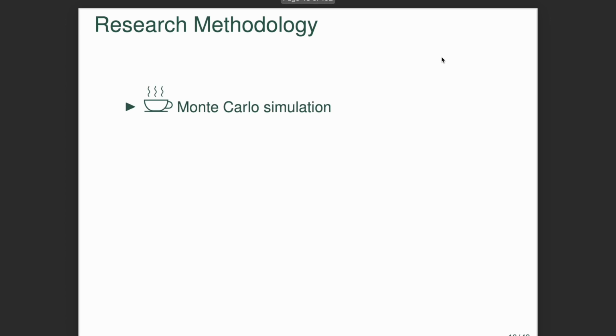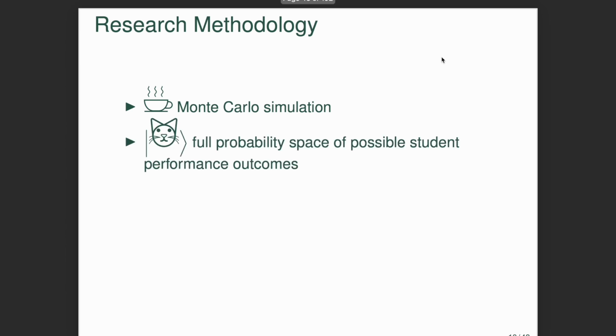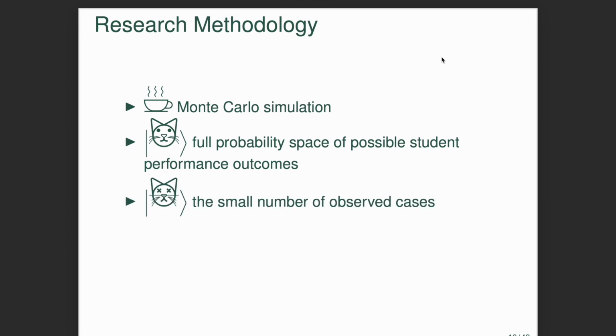To overcome this data sparsity and better explore the risk landscape, we turned to Monte Carlo simulation. This allowed us to generate a wide range of hypothetical academic performance scenarios and explore the probability space rather than rely solely on the observed outcomes.